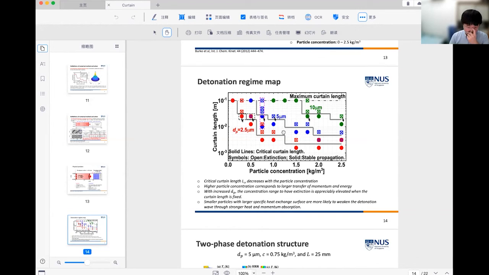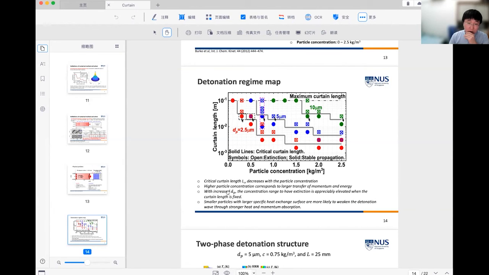From the detonation regime map, we can see that the critical curtain length decreases with particle concentration. This is due to higher particle concentration corresponding to larger transfer of momentum and energy.